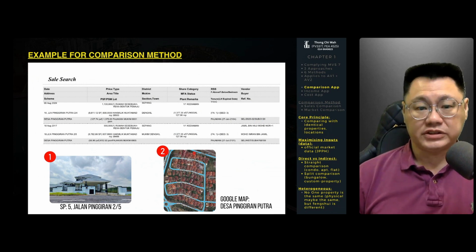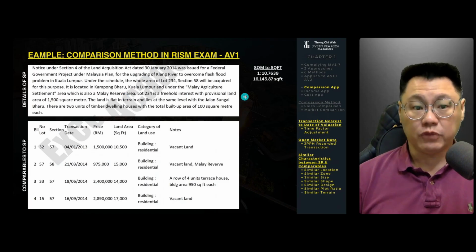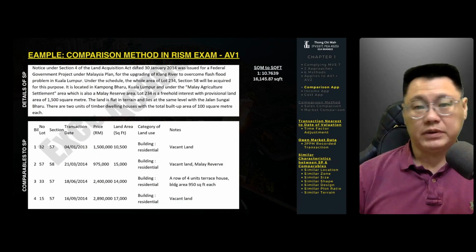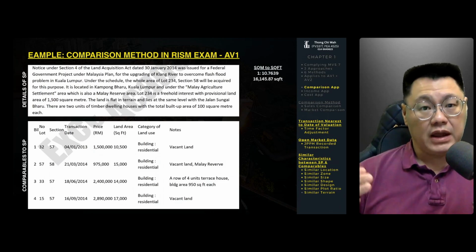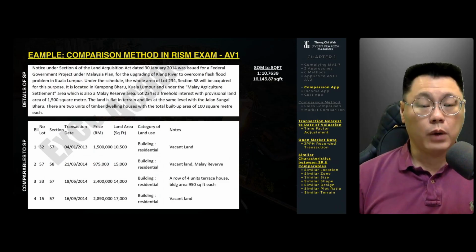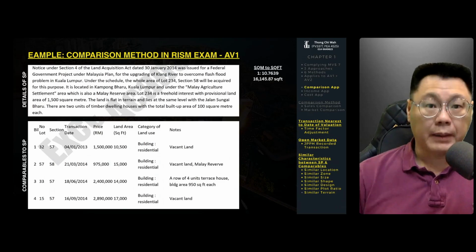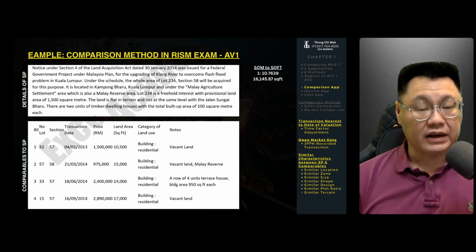Let's look at a past year question. This is a past year question in AV1. It's for the Land Acquisition Act. First thing we must know, based on court precedents, they have made it very clear that no matter what property is being acquired by the government for public purposes, the compensation must be based on market value.